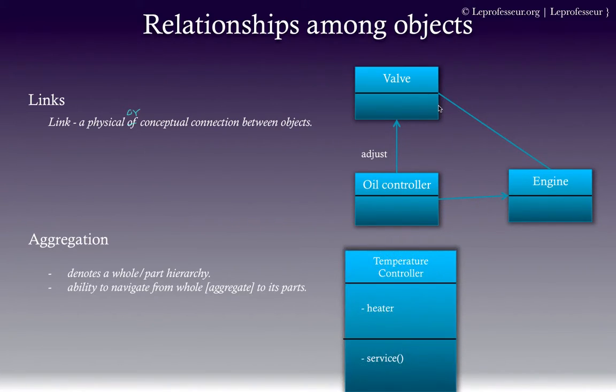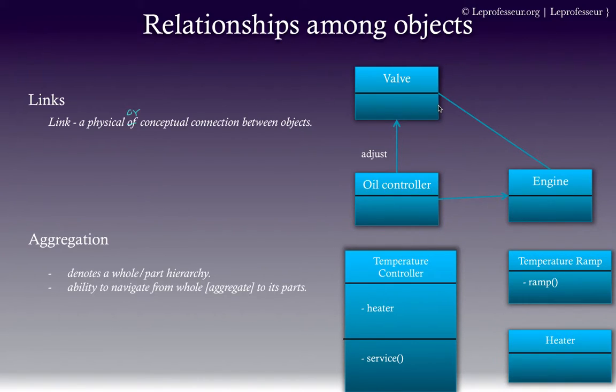Let's say an example: a temperature controller object has a heater, for example, a small heater inside it, and it is functioning, and it is also connected with the temperature ramp.